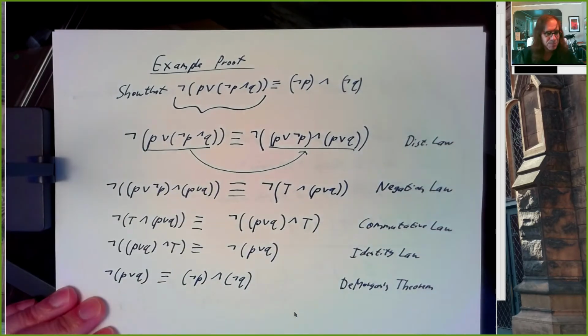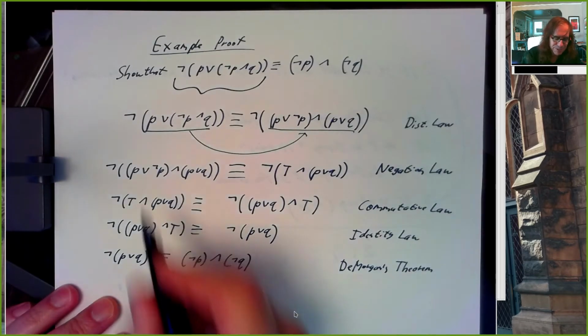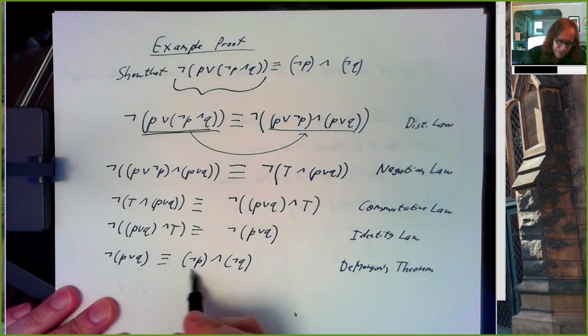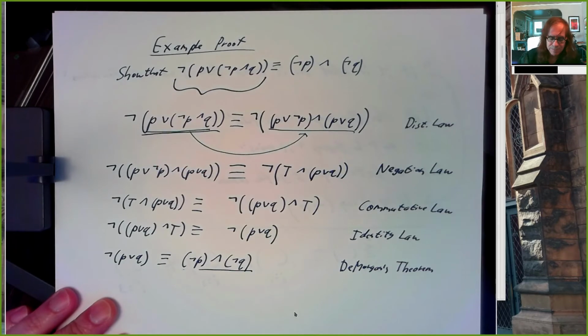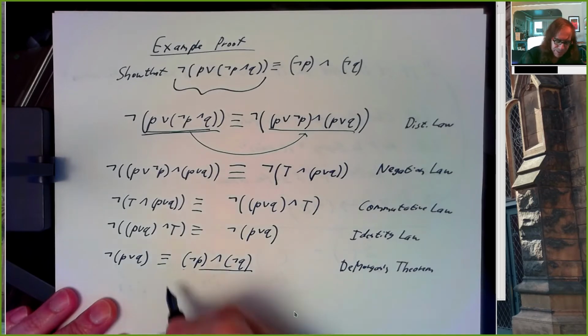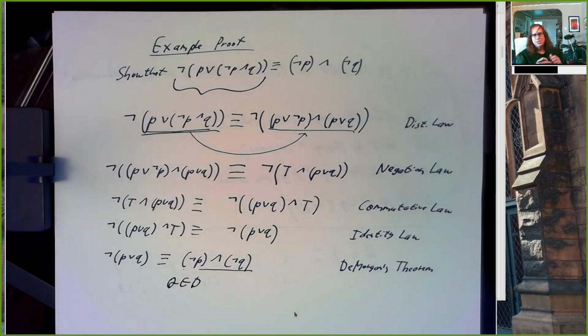But the punchline here is that we've shown that this thing is equivalent to that thing. And that's what we were asked to show. So now we can write down QED, which is Latin for which is what we were asked to demonstrate. And that's the end of our proof.